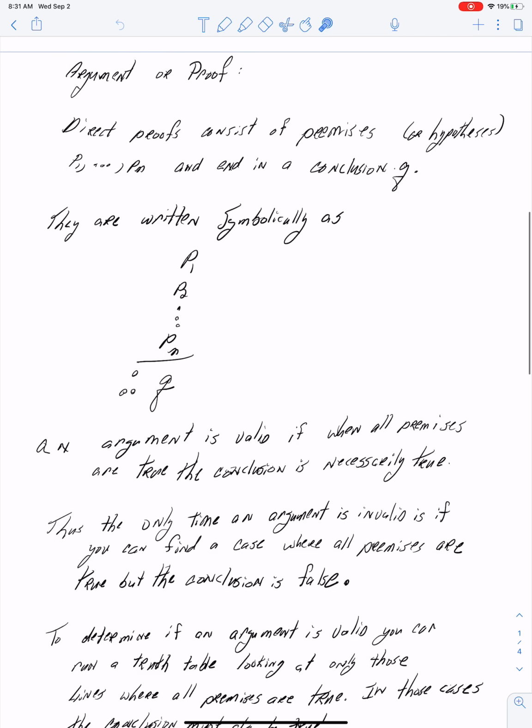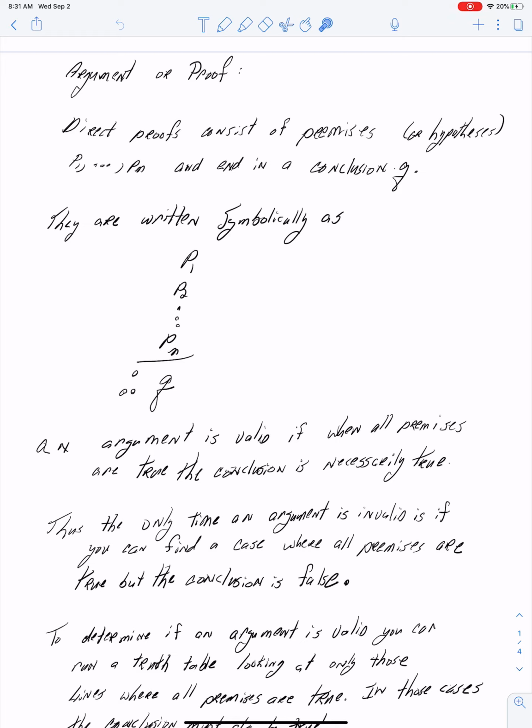The key to a mathematical system is an argument or a proof, and there's several ways you can make an argument or proof. One such way is called a direct proof, and a direct proof consists of two elements, a set of premises and a conclusion.